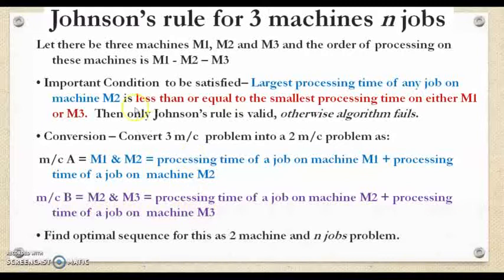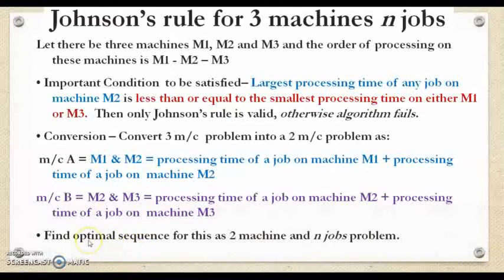Provided that this condition is satisfied, and once we find the processing times on machines A and B, we have to find the optimal sequence for this problem as a 2 machine and n jobs problem. I hope you remember the Johnson's algorithm for 2 machines n jobs sequencing.